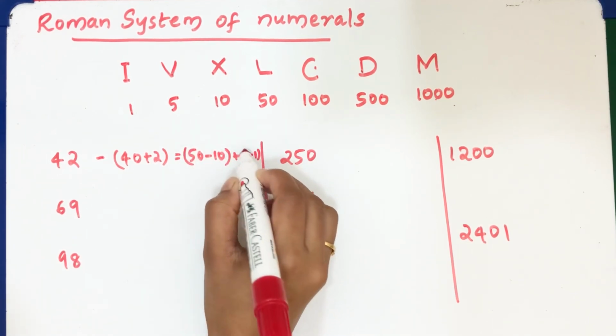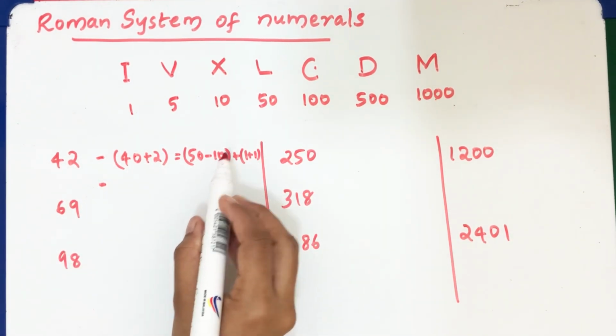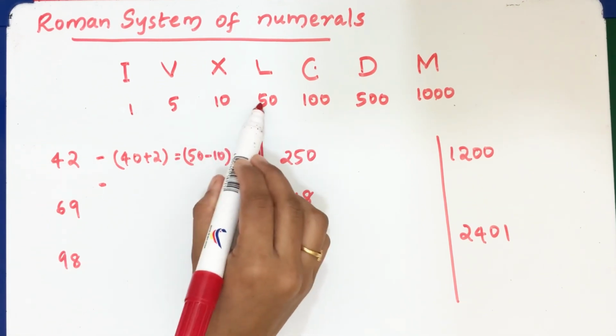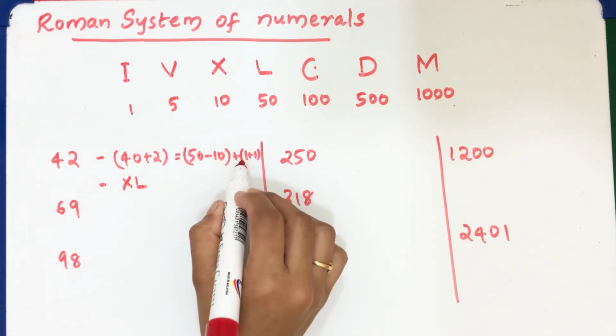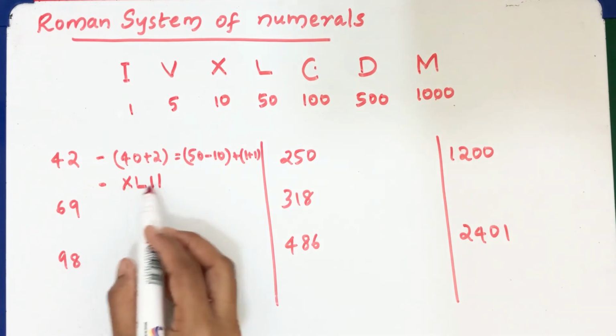So we can write 42 as 50 minus 10. 50 is L, 10 is X. So X to the left of L. That is 40, plus 1 plus 1. This is 42.